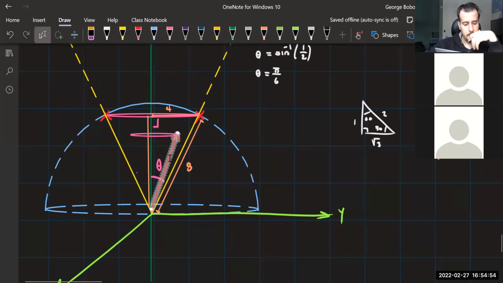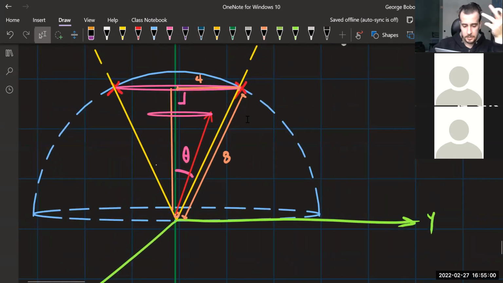And I want to find out what this r is, okay? The way I could think about it right now, I could use this side, and I could use that side, the remainder here, and I could figure it out.